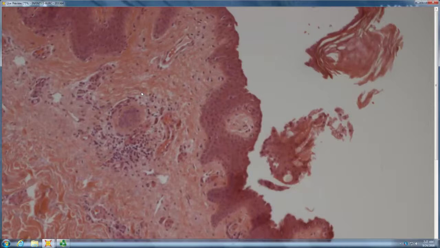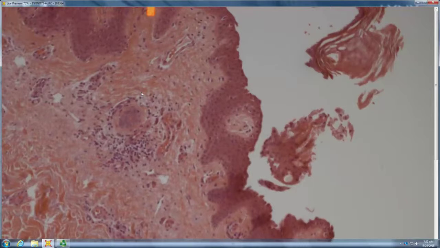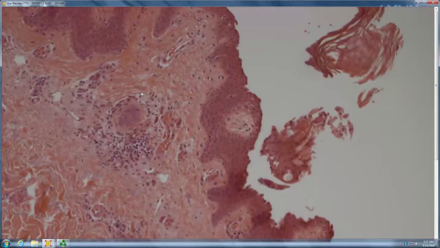So in this case, that split looks like it's below granular, right? So maybe more likely vulgaris with reepithelialization rather than foliaceous, which should really split just like staph scalded skin in the granular layer. And it's very common if you get a little bit older bulla that you're going to have reepithelialization like that.